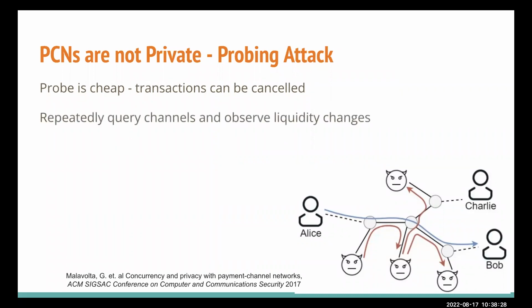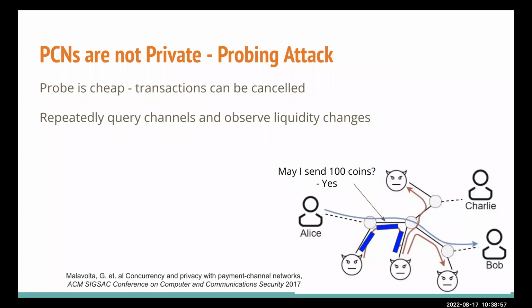And the idea here is pretty simple. The attacker can just repeatedly query channels over and over again until he sees changes, which is pretty cool. For example, we can look on the right, marked in blue here, where the attacker just queries, hey, can I send 100 coins? And the network tells him, yes, you can transfer these 100 coins.